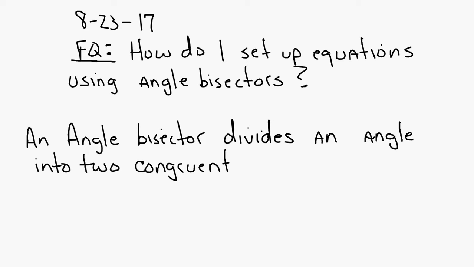Into two congruent angles. An angle bisector divides an angle into two congruent angles.